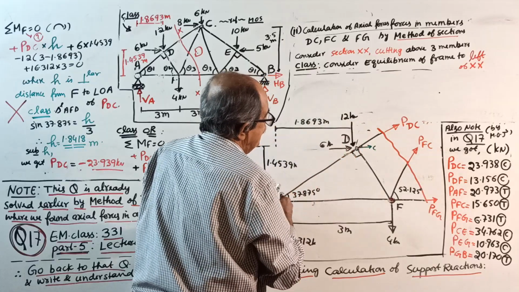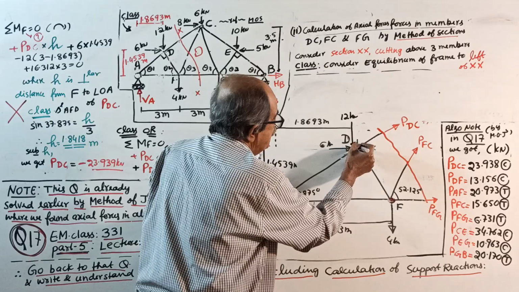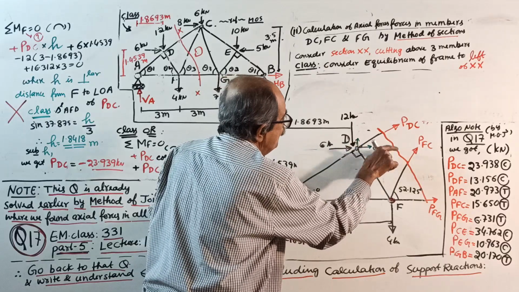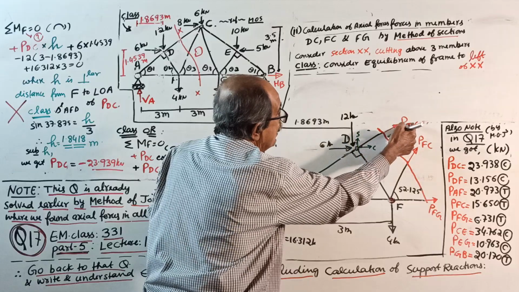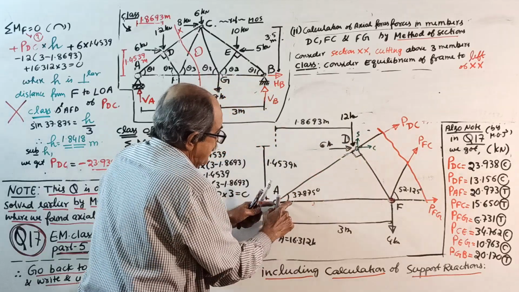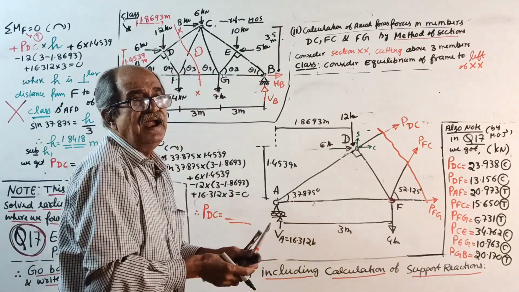And then, the vertical component. This is cos. This is sin for this PDC referring to angle 37.875.